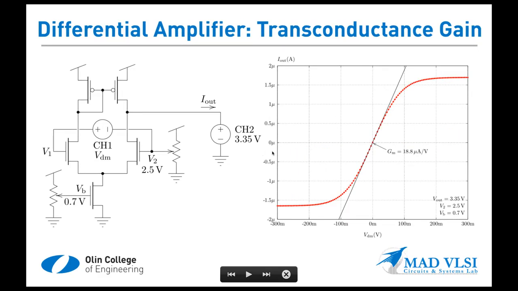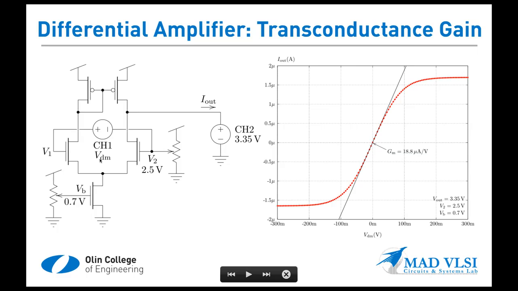Okay, so what we're going to do then is set our output voltage source equal to that 3.35 volts, which was the quiescent output voltage that the circuit wanted to operate at. And we're going to measure the output current as we sweep VDM.